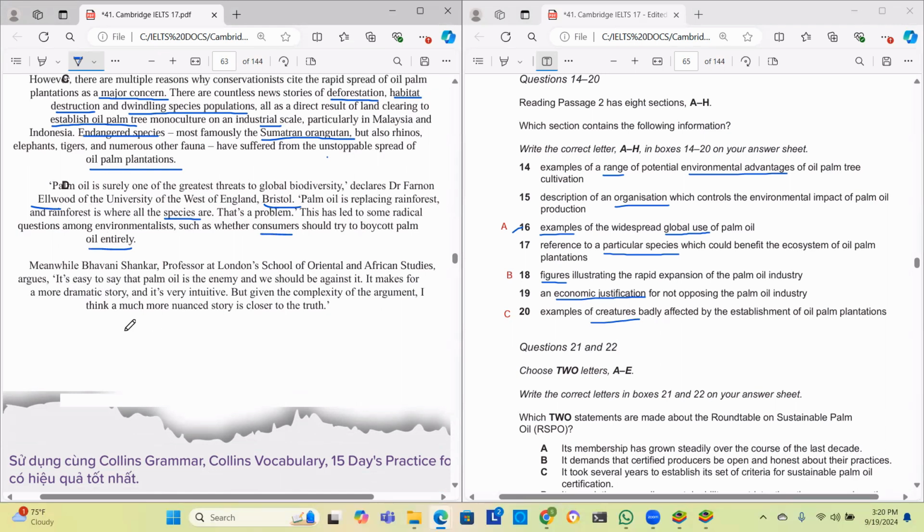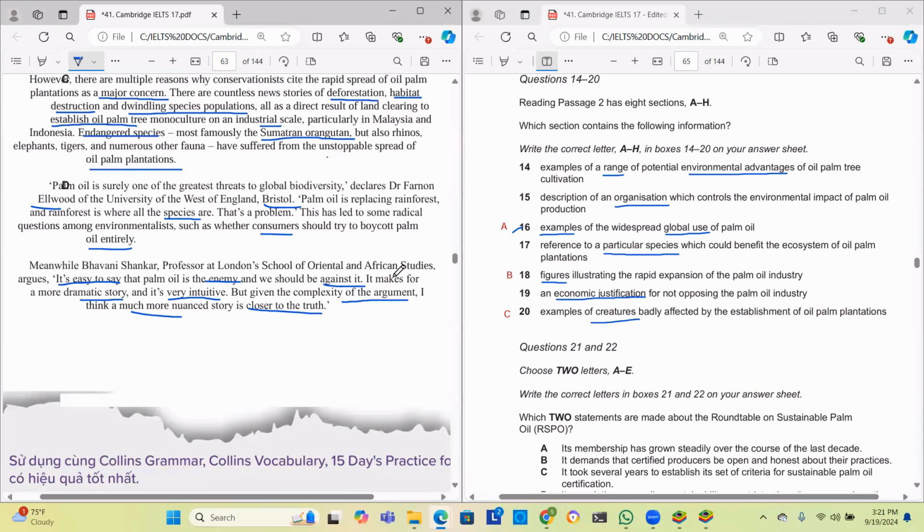Meanwhile, Bhavani Shankar, professor at the London's School of Oriental and African Studies, argues it's easy to say that palm oil is the enemy and we should be against it. It makes for a more dramatic story and it's very intuitive. But given the complexity of the argument, I think a much more nuanced story is closer to the truth. Okay, let's see which one is matching here.